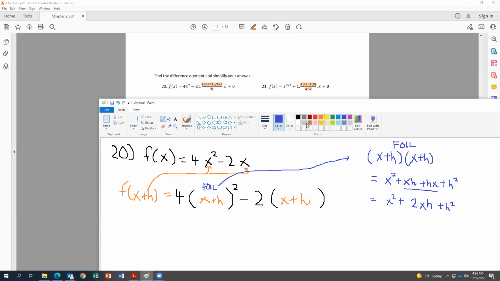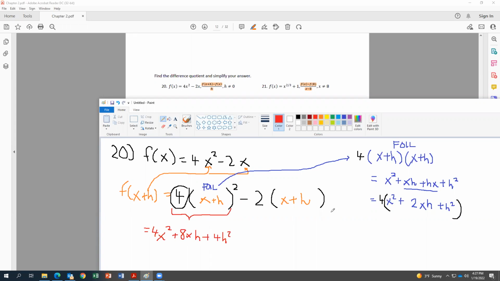But do not forget that you still need to multiply this whole thing by 4. When you do that, you get 4x squared plus 8xh plus 4h squared.